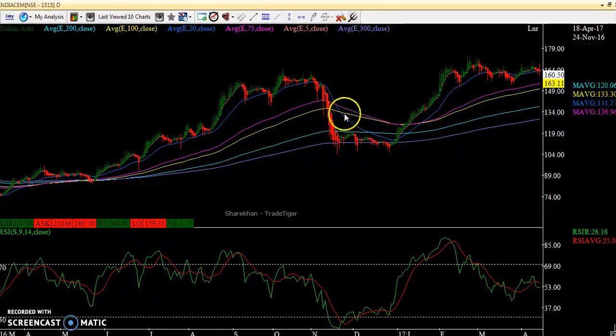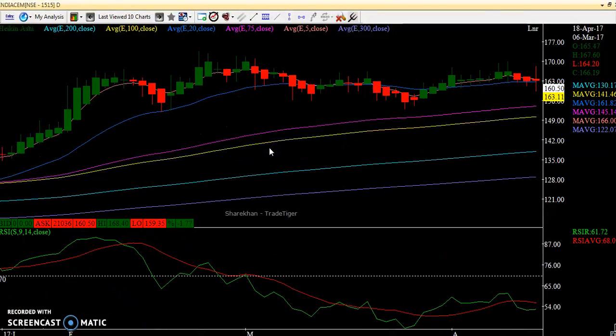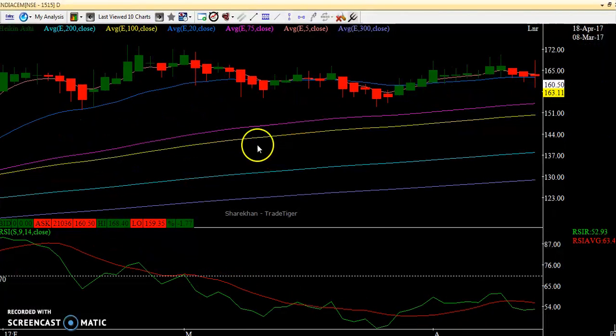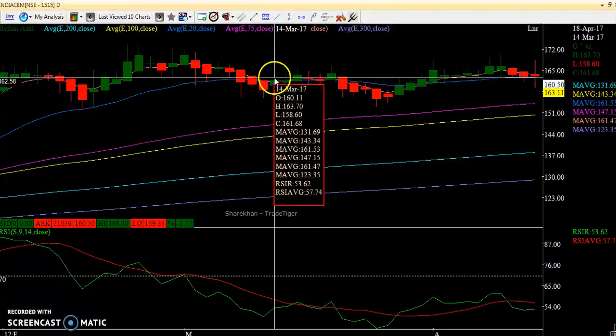So I can say that the stock was in an uptrend, but not really an uptrend; I can conclude that it is quite a sideways stock. Also, coming to the short-term trend of the stock, it is again a sideways trend.